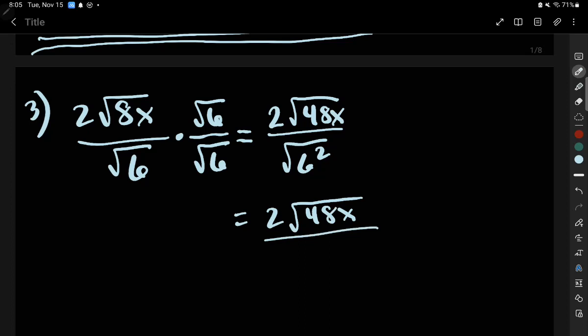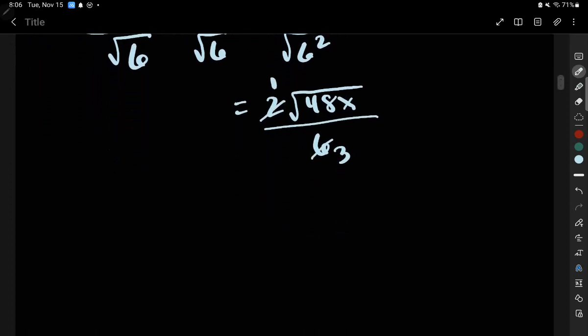Over square root of 6 squared is 6. We can reduce this. Both are divisible by 2, so it becomes 1 and 3. So now it becomes 2 square root of 48x over 3. Now we can reduce further the 48, I believe.